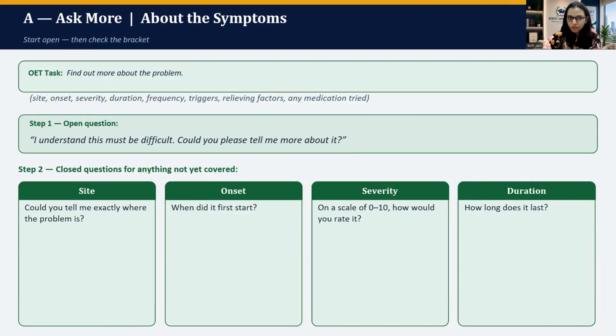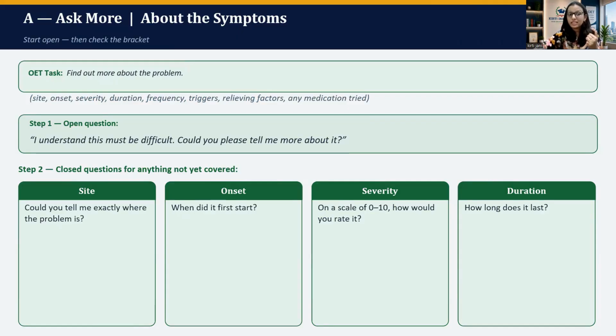From the bracket information, what is covered by the patient? The patient might tell you, well, I'm having a severe headache. It's basically on my left side and it's very painful. So now you understand that the patient has told you the side of the headache.